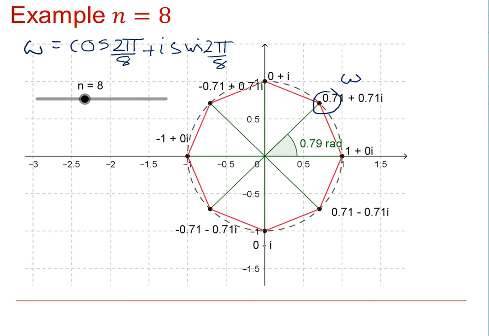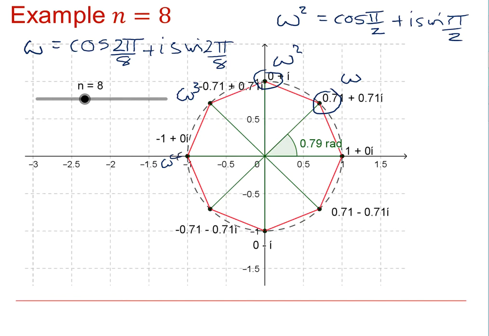Omega squared would then be cos pi by 2 plus i sin pi by 2. Obviously this one here, and so on. We would have omega cubed, omega to the power 4, to the 5, to the 6, to the 7, and remembering that the other root is 1.